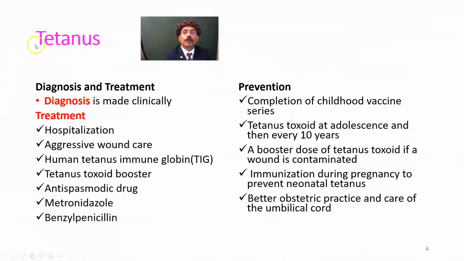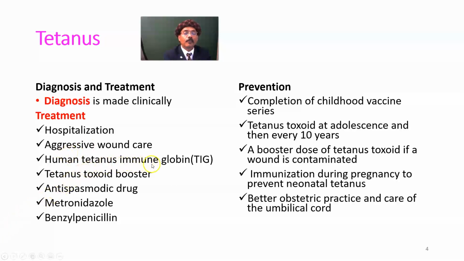How can I diagnose tetanus? Tetanus diagnosis is mostly made by clinical features, so it is diagnosed clinically. Treatment: certainly patients should be in the hospital. There will be aggressive wound care or debridement with hydrogen peroxide, and it should be cleaned properly.